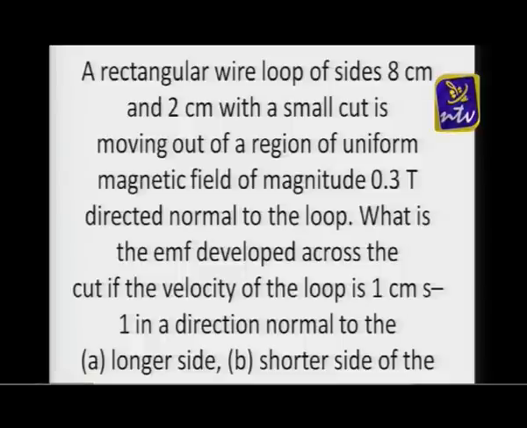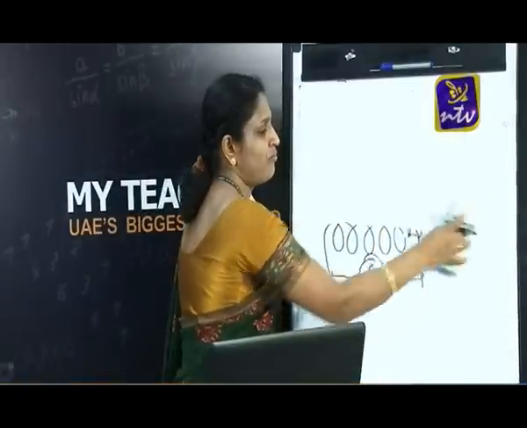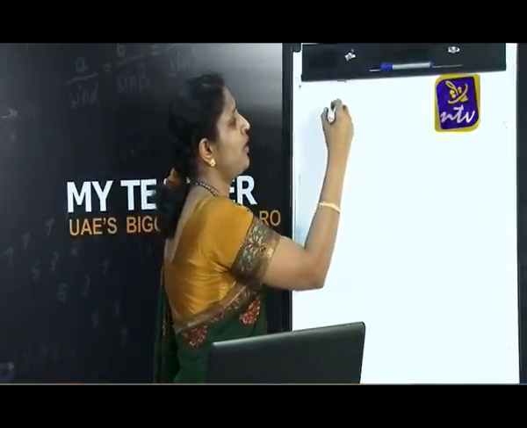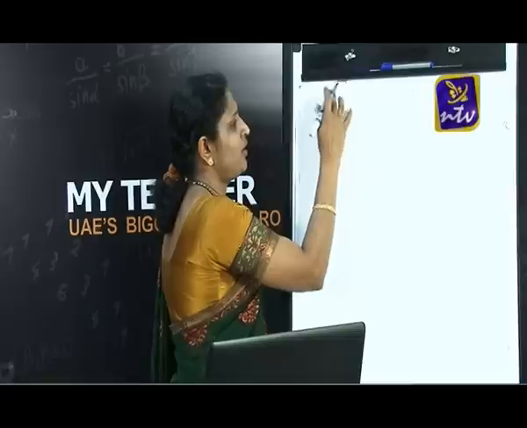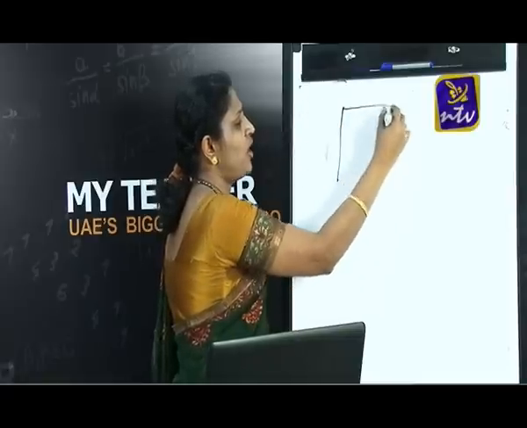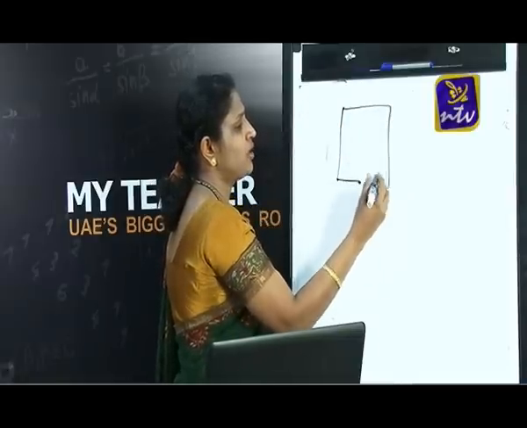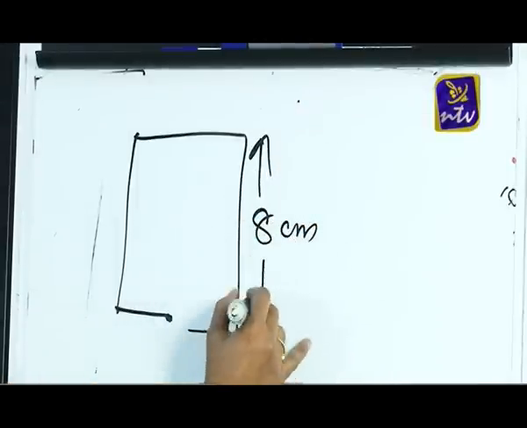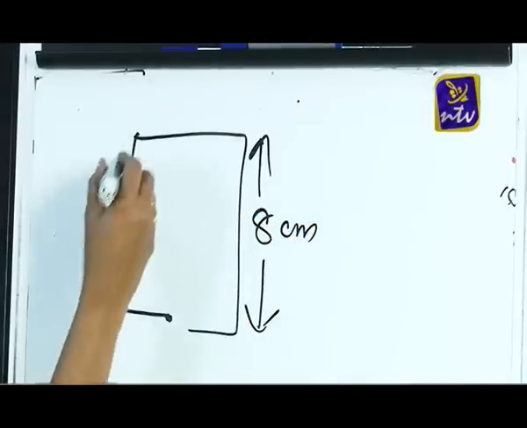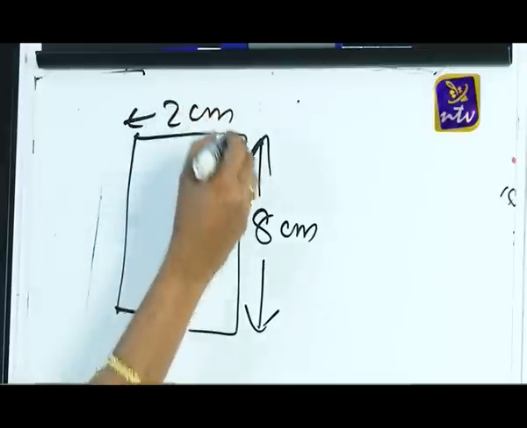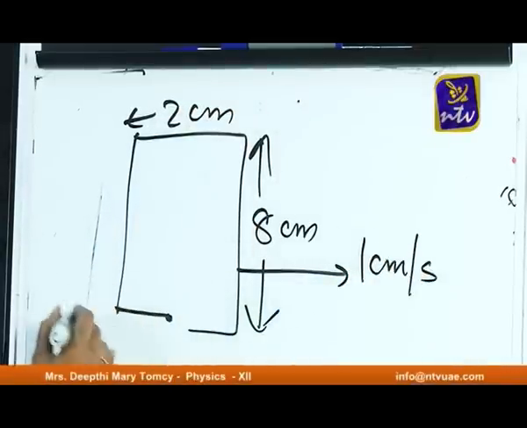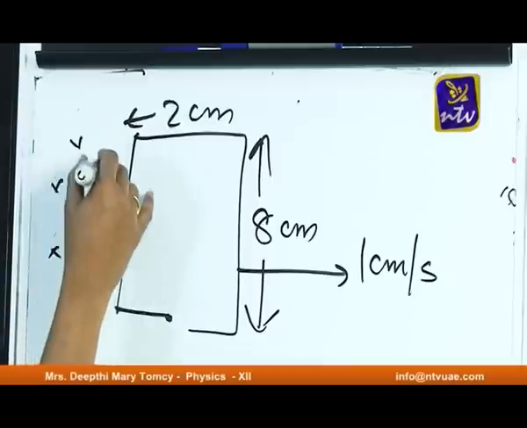Let us see how we can solve this problem in a simple manner. Here you can see you are moving a rectangular coil with a small cut. It is given in the question that the longer side is 8 centimeter and the shorter side is 2 centimeter, and you are moving this longer side with a velocity of 1 centimeter per second in a magnetic field.